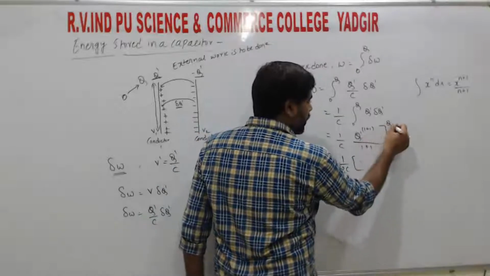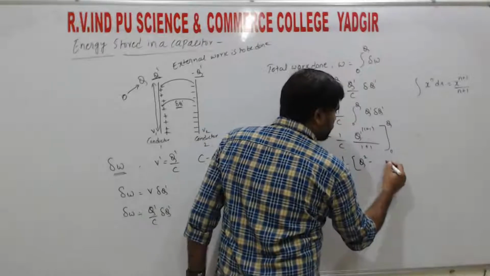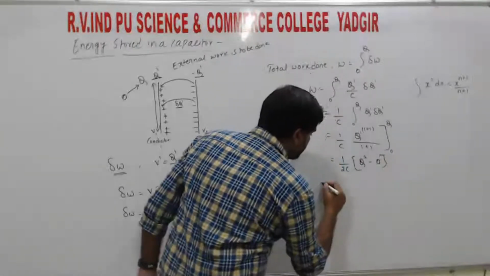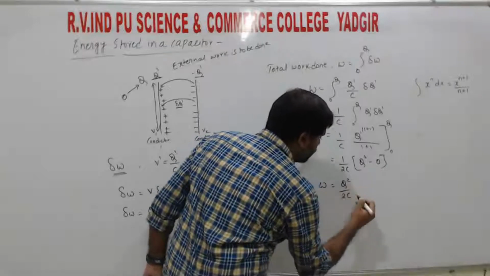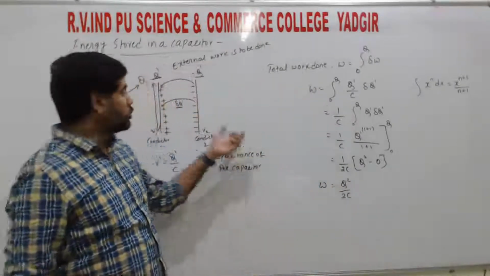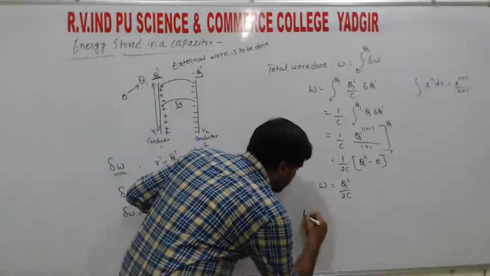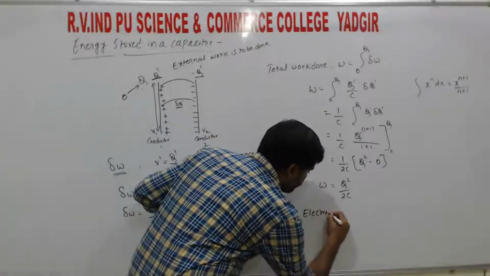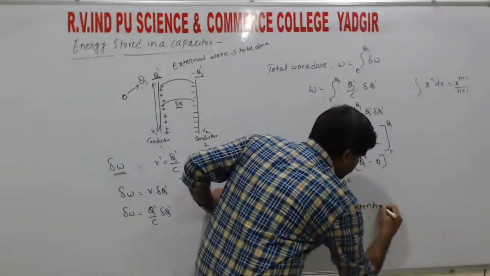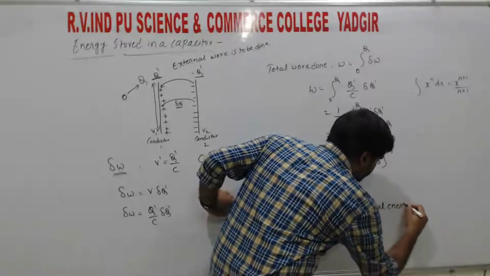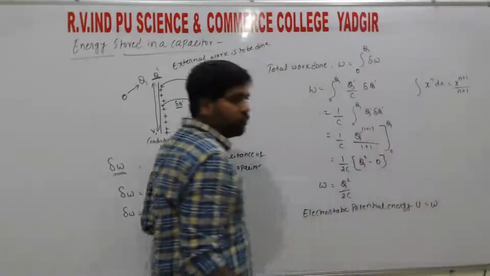In place of q dash we substitute the upper limit, that is Q square minus 0, right? So work done is equal to Q square divided by 2C. This work done is stored as potential energy. That one is the electrostatic potential energy, that is U, which is equal to W, right?